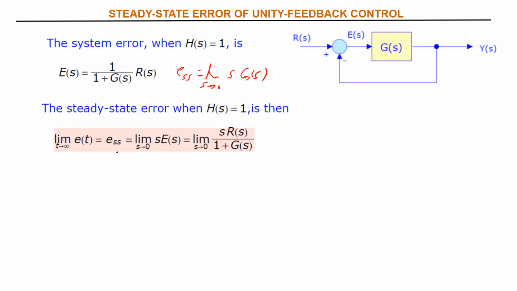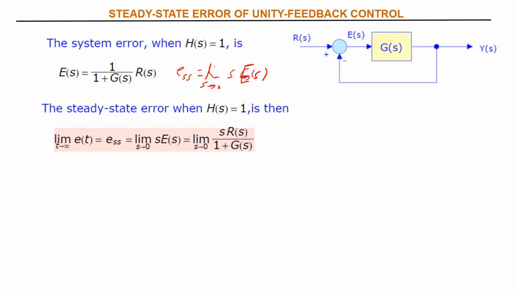It should take E of s. The steady state error equals the limit as t goes to infinity of e of t, which equals the limit as s goes to 0 of s E of s. But up here it is written s G of s. No, this is R of s. No, I mean the red handwriting up there. Oh, no, it should be E of s. Sorry, this is E of s.